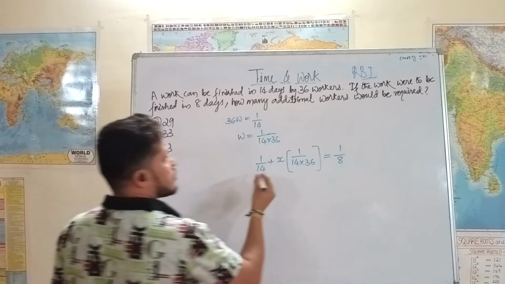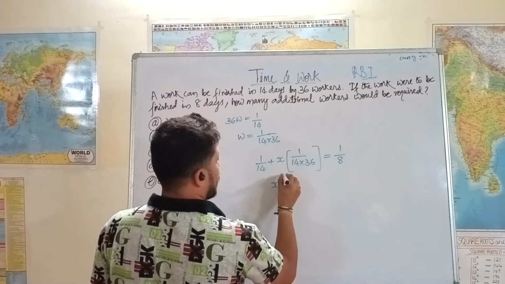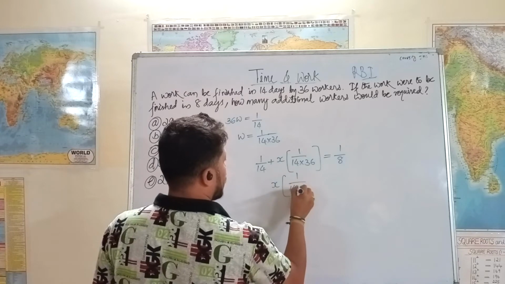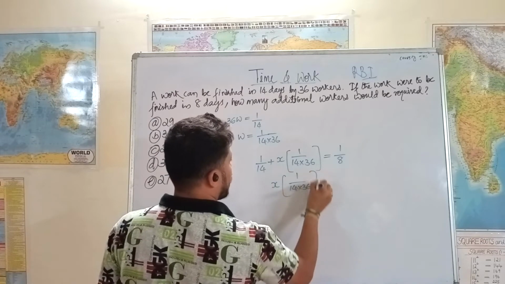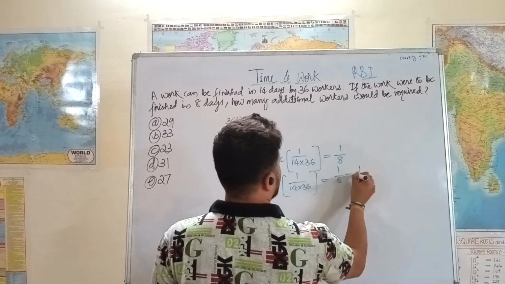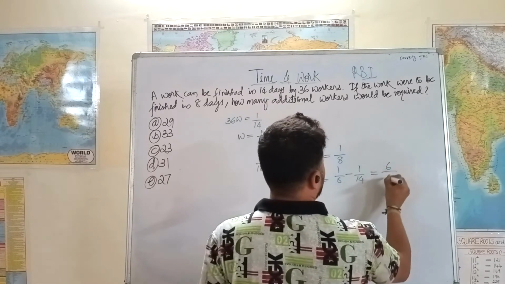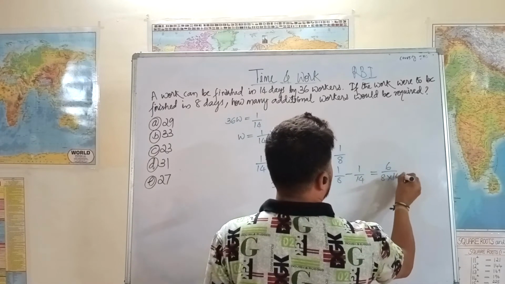Now let's solve this. Let's keep X and 1 by 14 into 36 on the left side and take the rest to the right side. So it becomes 1 by 8 minus 1 by 14, which means 14 minus 8 is 6, so 6 by 8 into 14.